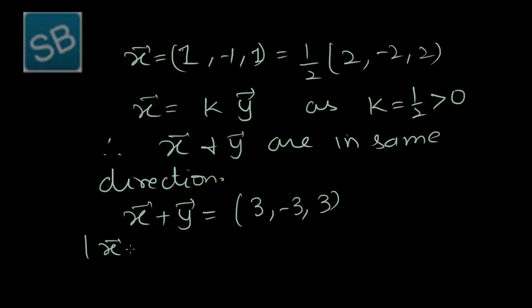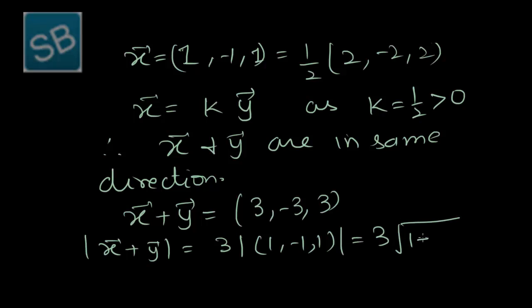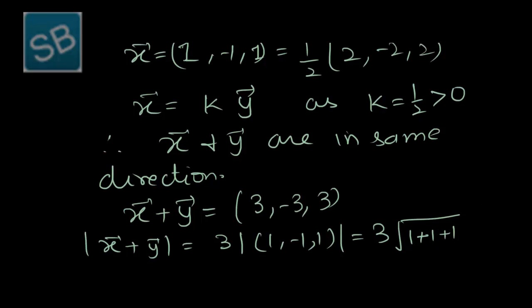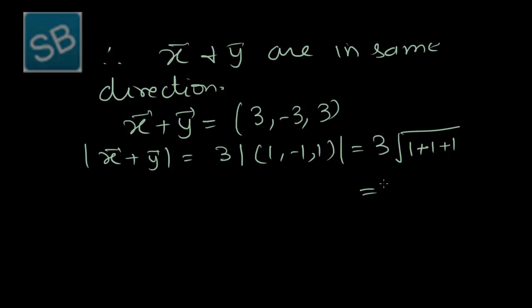Now we will find the modulus value of vector x plus y. 3 is common out. We will take the modulus value of 1, minus 1 and 1. It becomes 3 under root of 1 square plus minus 1 square plus 1 square, so it gives 3 under root 3.